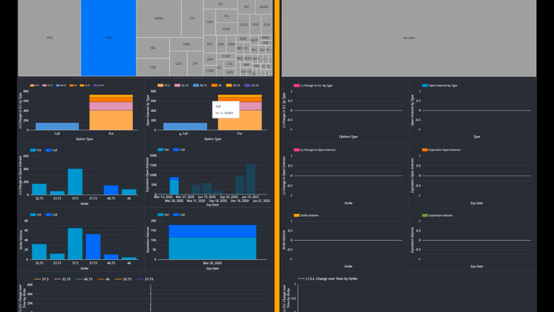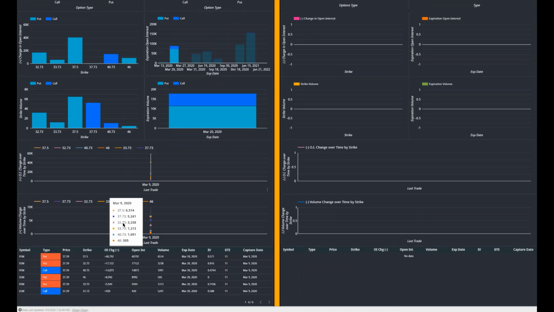With this, there are additional screens here. We can see the over time view. For now, it's just single dots to represent today. If you were to extend the calendar into other days, you would see a time series here for the open interest and a time series for the volume.